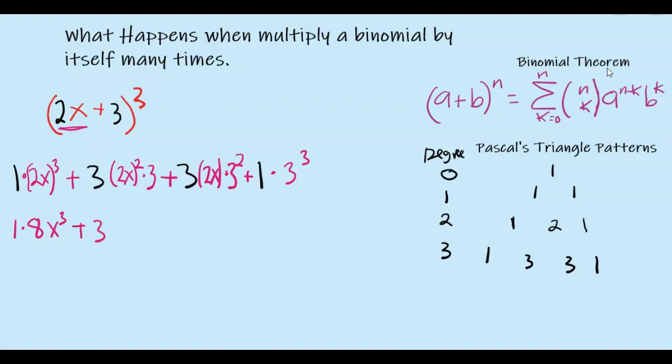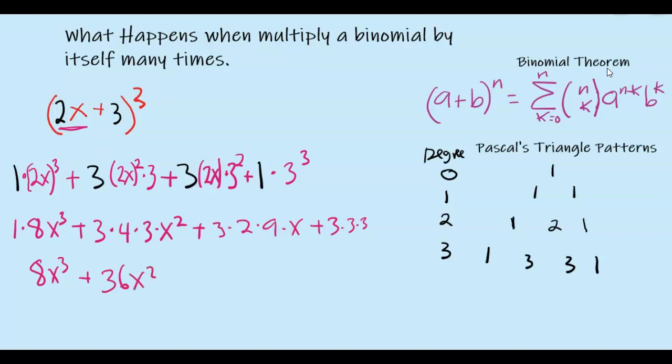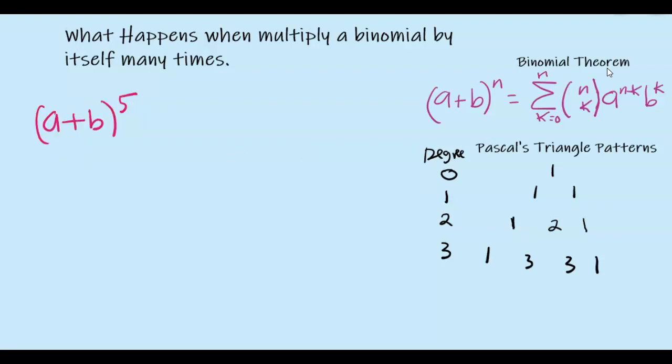Plus, here we got a 3, 2 squared, 4, and then times 3, and then the x squared will come, plus 3 times 2 times 9 times x, plus 3 times 3 times 3, which gives us 8x cubed, plus multiply this 3 times 4, which is 12, times 3, which is 36 x squared, plus 3 times 2, which is 6, times 9 is going to be 54 x here, and then 3 times 3, 9 times 3, which is 27.